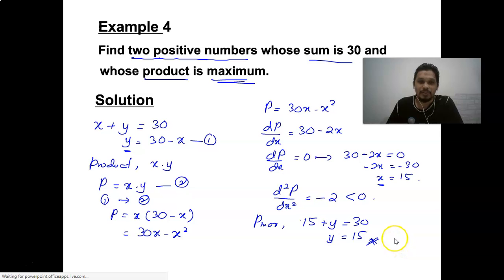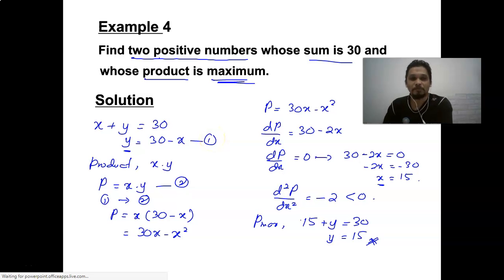So the two positive numbers with the sum of 30 and maximum product, which is x multiplied with y, are x equal to 15 and y equal to 15. So this is the solution for question number 1.